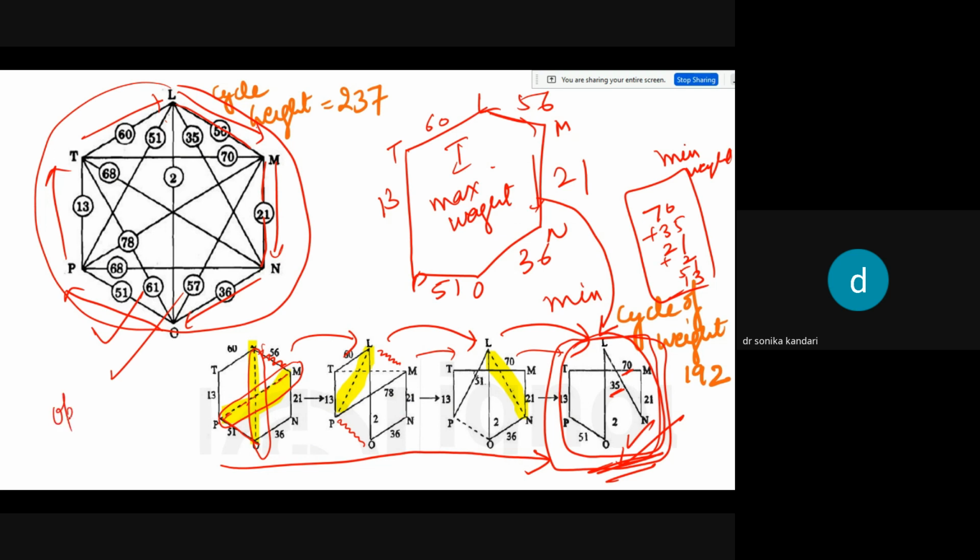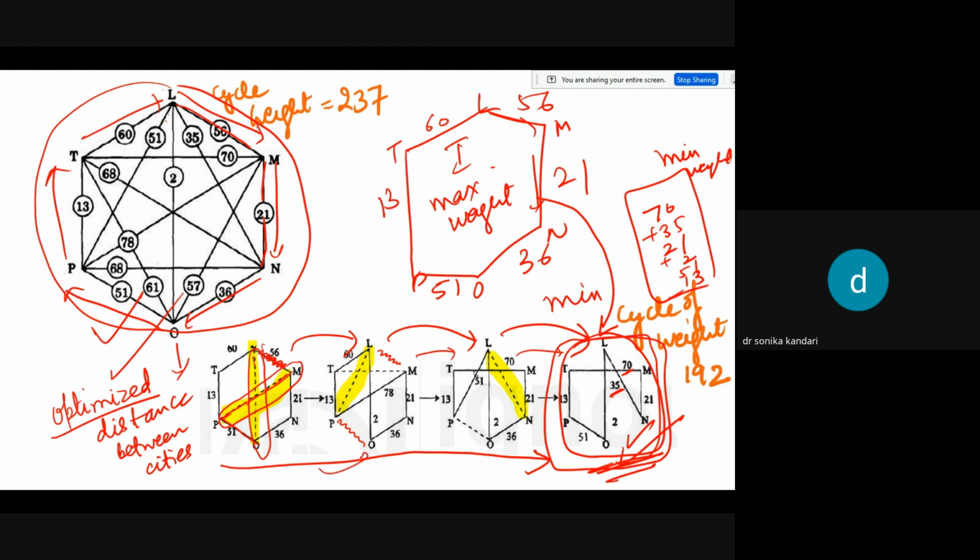Actually, what we have done is optimized the distance to be covered between cities. And how can it be optimized? When we can minimize it. And how can we minimize it? By observing that original paths have to be replaced with new paths having lesser weights.